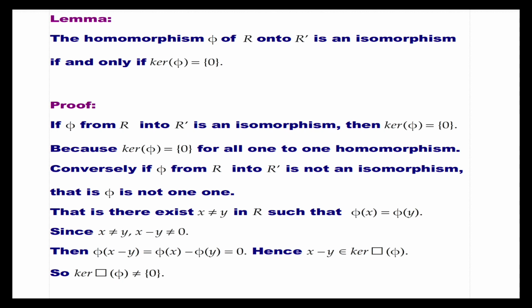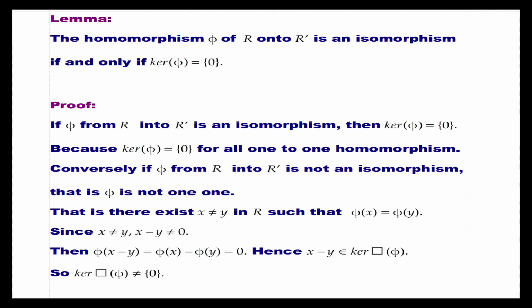Proof of the lemma: if phi from R into R dash is an isomorphism, then kernel of phi equal to singleton 0, because kernel of phi equal to singleton 0 for all 1-1 homomorphisms. Conversely, if phi from R into R dash is not an isomorphism, that is, phi is not 1-1, that is, there exist x not equal to y in R such that phi of x equal to phi of y.